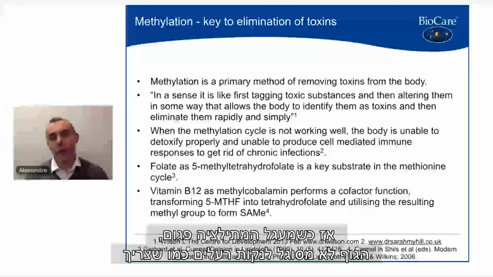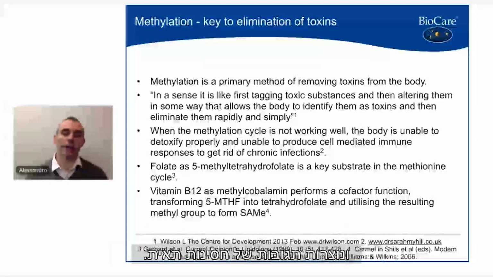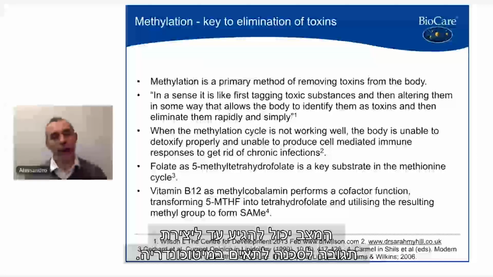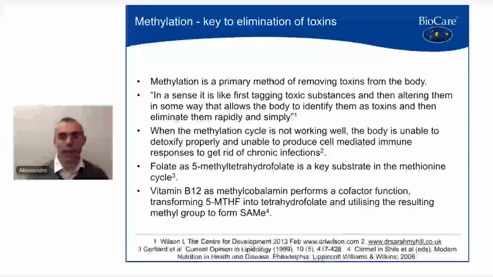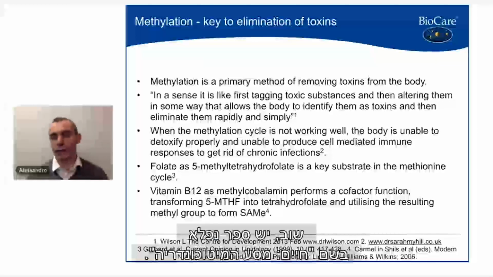So when the methylation cycle is not working well, the body is unable to detoxify properly, and this will produce cell-mediated immune responses. It can go all the way to create a mitochondrial cell danger response. Once again, there is a lovely book called Life, the path of mitochondria.